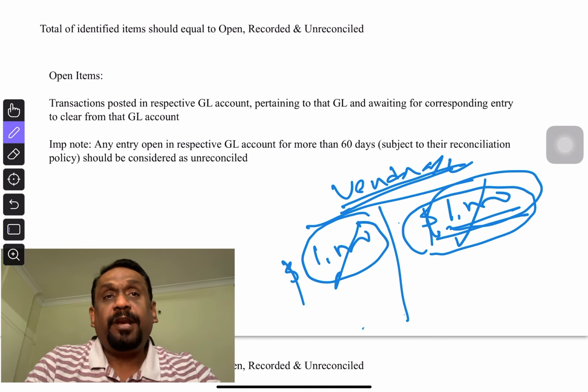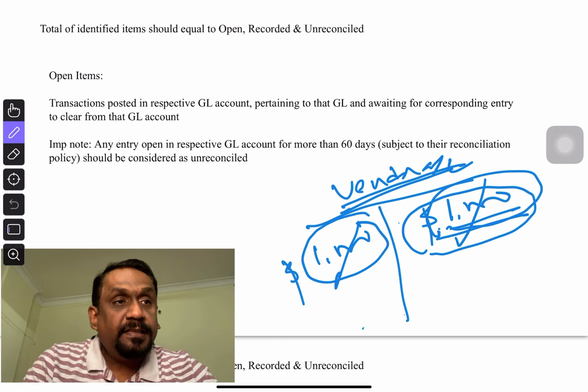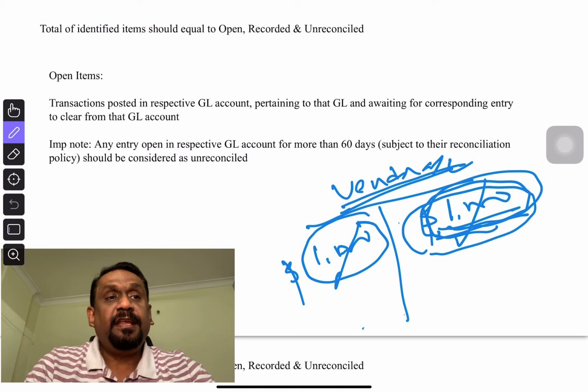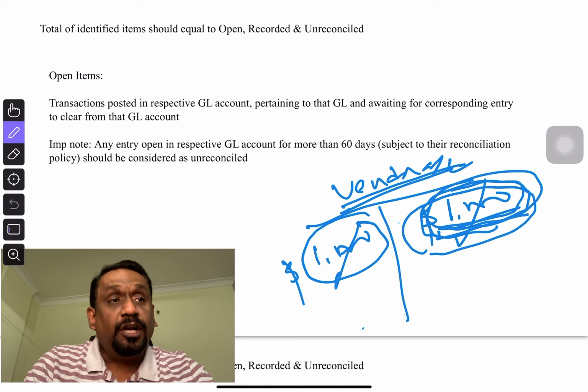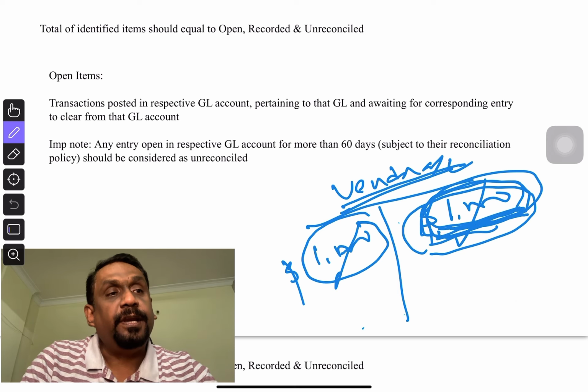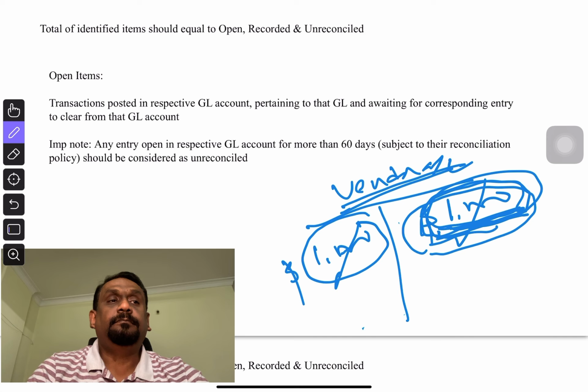As long as this invoice is credited in the supplier account, unless you see the payment entry, this invoice will continue to be there in the supplier account. This is called an open item.